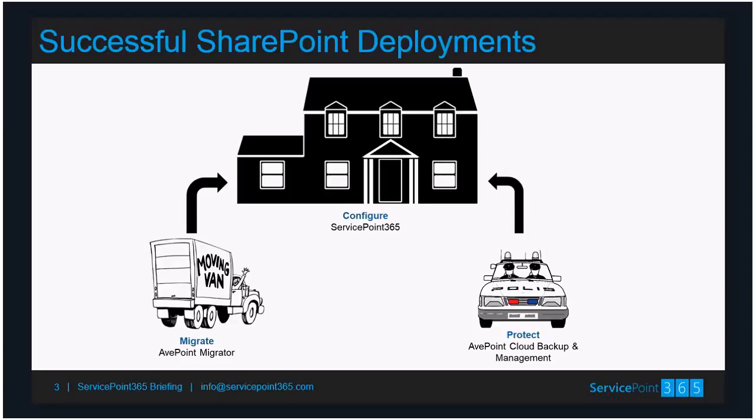Beginning with, you need a structure in order to have a successful SharePoint Online deployment. And in the SharePoint Online world, structure means you need to have intuitive navigation. You need to have areas defined for different purposes so that users can easily find their content. Make sure that you're able to secure different areas of the structure.